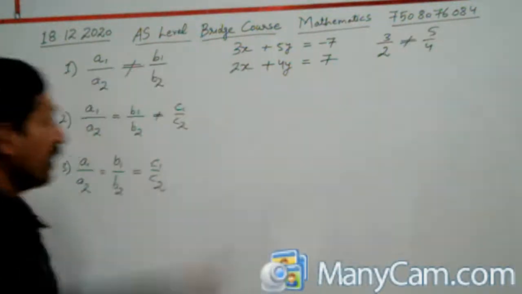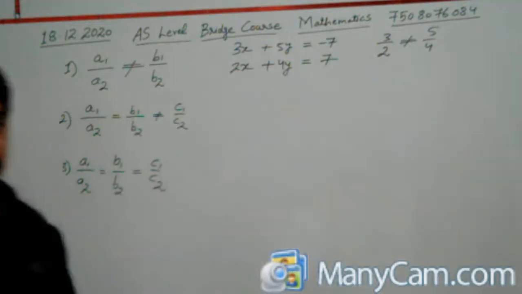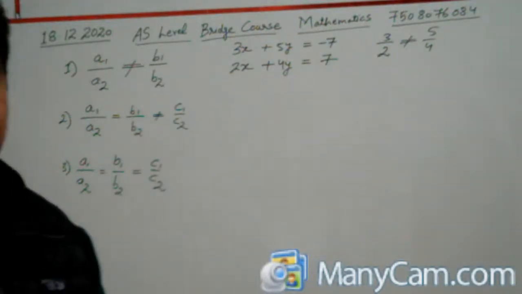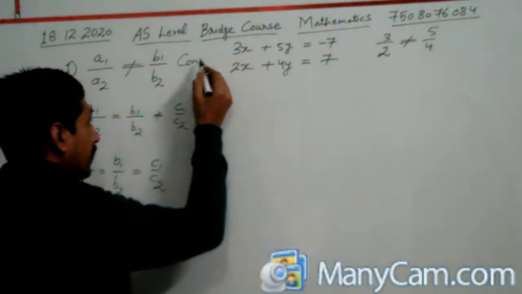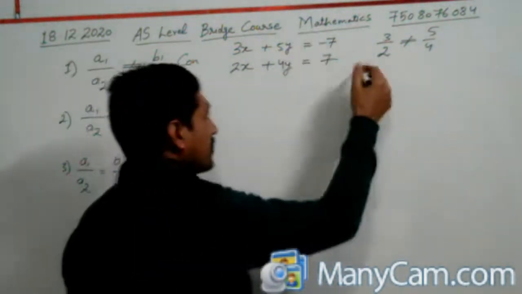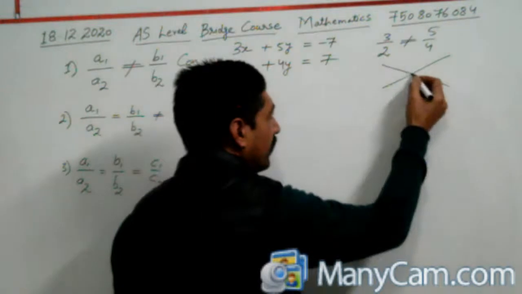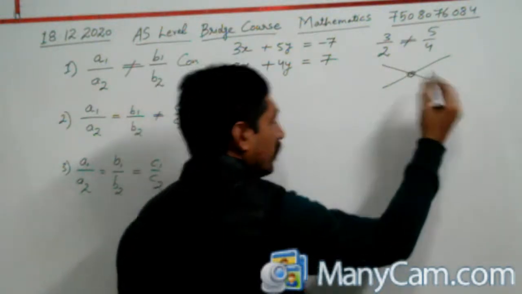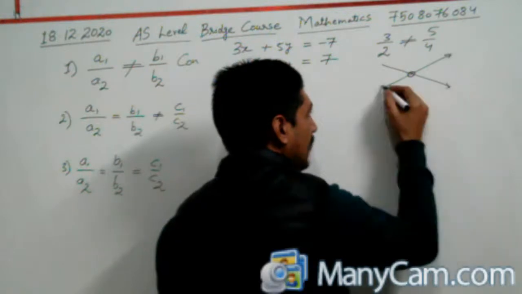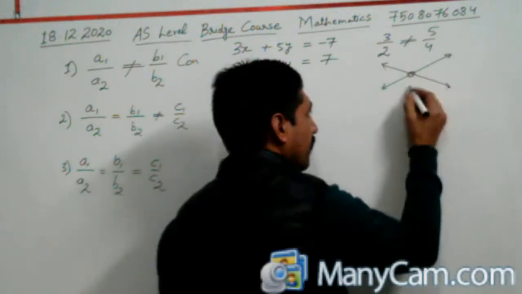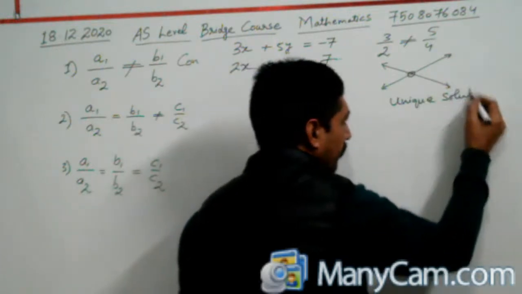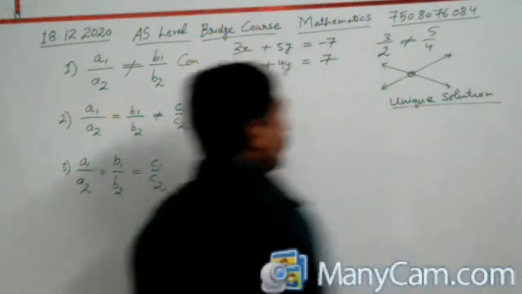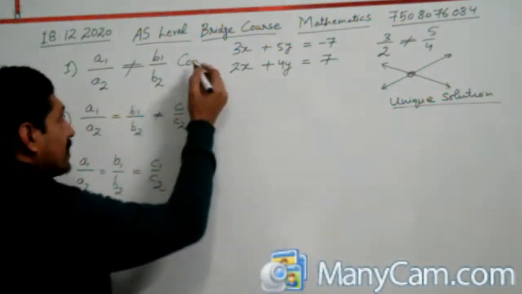So this pair of linear equations is always consistent, because the two lines will intersect one another and they have a unique solution. When you plot these lines, they have a unique solution, and when we have a unique solution, the pair of linear equations is consistent.